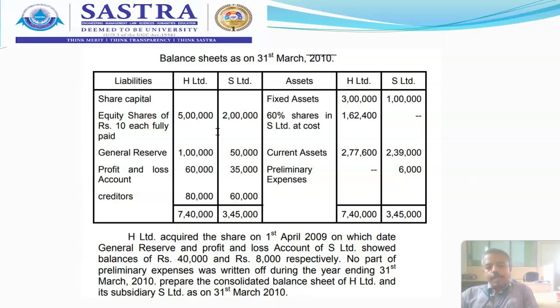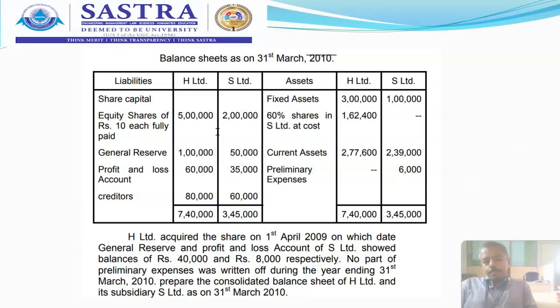So whatever preliminary expenses exist in S Limited are only from the previous year, that means before acquisition it exists. We did not write off anything during this year. That's what the additional information says.